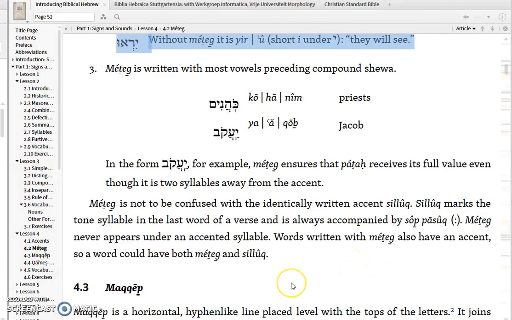But the metheg never appears under an accented syllable. So if there's 2 accents on a word, then you know it's a metheg rather than the siluk. And if it's not the last word of the verse, then it has to be a metheg rather than the siluk.